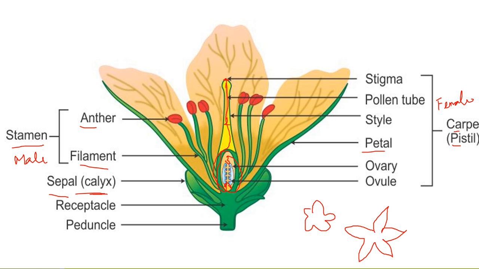The process is pollination. Yes, then if we discuss sepals, they are 5, they are colored and they act as a protective covering over the bud. Okay, yes, the next one is stamen.